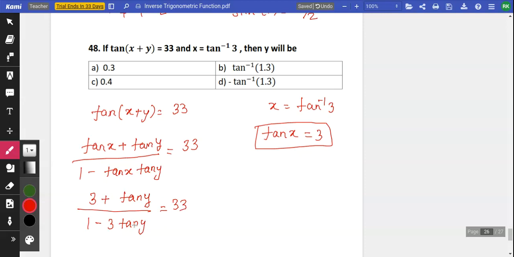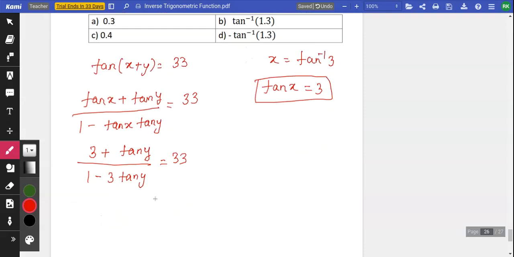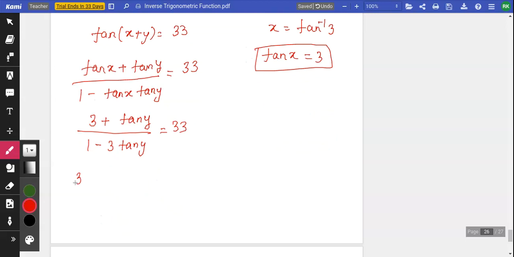Now cross multiply these two terms. After cross multiplying we get 3 plus tan y is equal to 33 minus 99 tan y. Take minus 99 tan y to LHS, it becomes 100 tan y, and 33 minus 3 is 30.